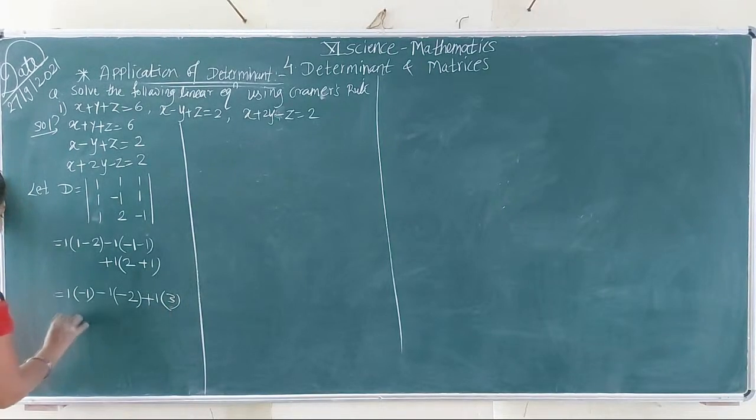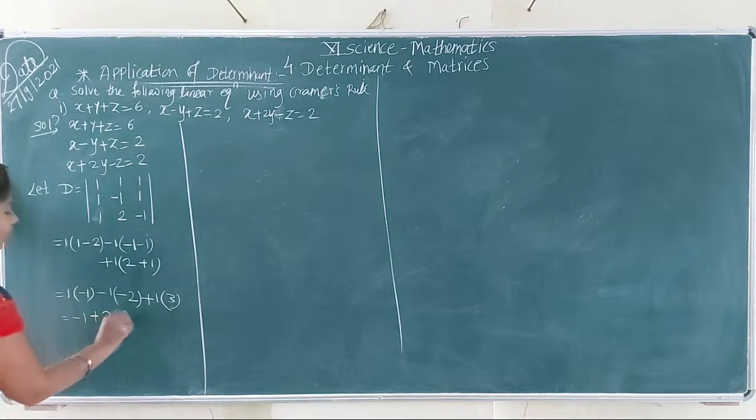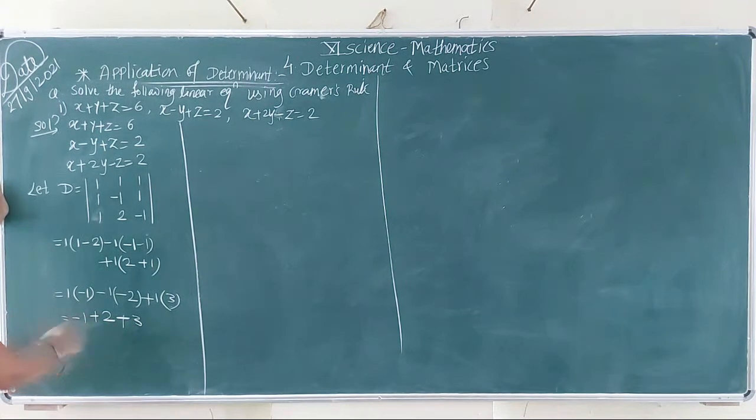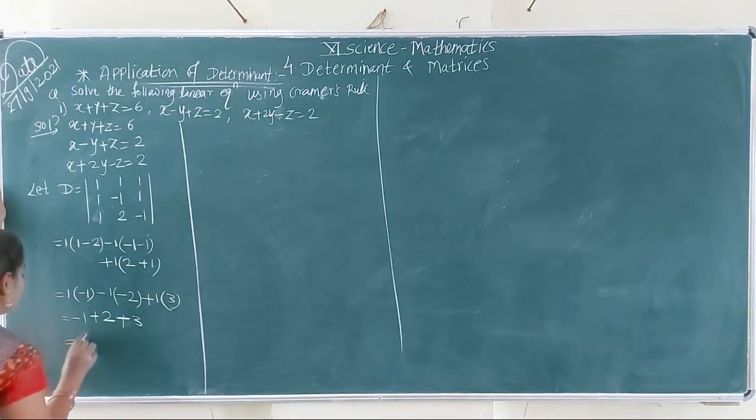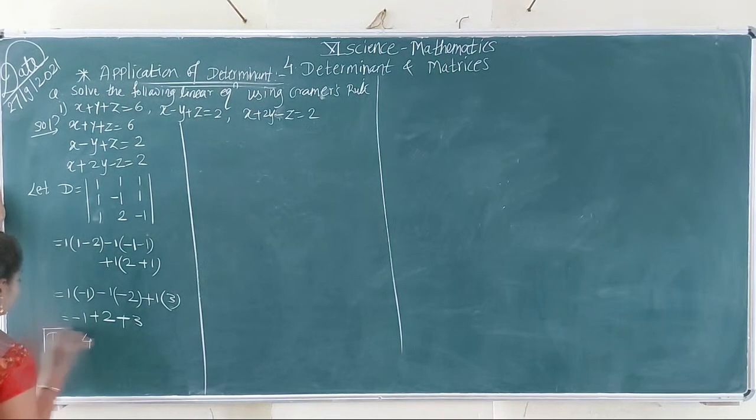That is -1, minus minus becomes plus 2, and 1 into 3 is 3. Then 3 plus 2 is 5, 5 minus 1 is 4. So this is the value of determinant D.